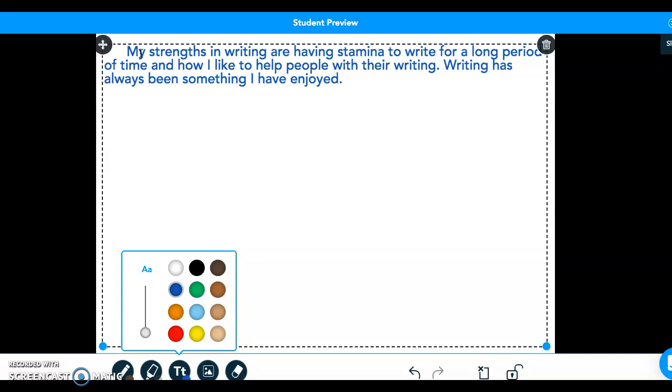So I might say, at first, I was not very good at writing for long periods of time. However, the more I've written, the more I've improved my stamina in writing.